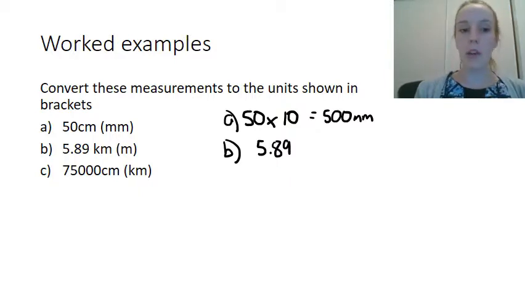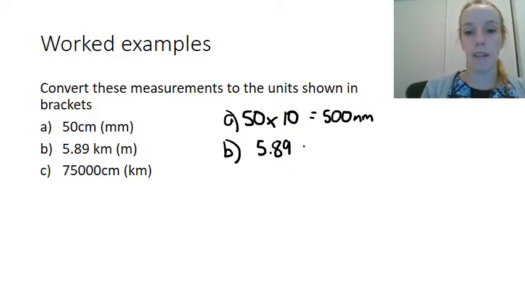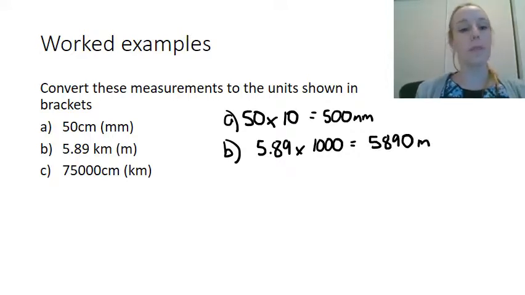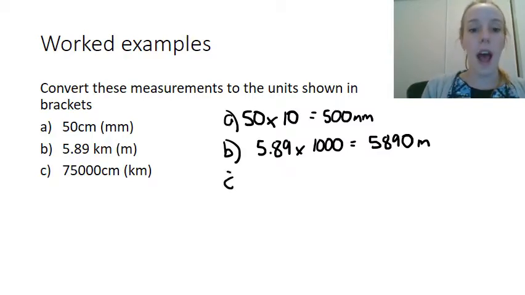Again, we're going from a bigger unit to a smaller unit, so we are again going to multiply, and this time it's going to be by 1,000 because there's 1,000 metres in a kilometre. So 5,890 metres.